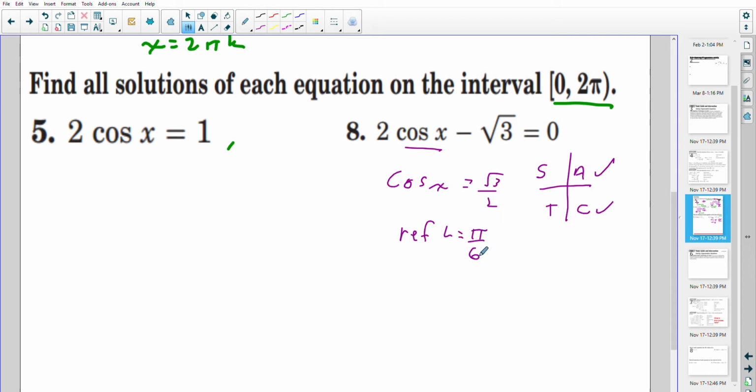I looked on the table. And now what I can do is determine what those angles are in the first and the fourth quadrant. So my x equals pi over 6, but it's also going to equal 11 pi over 6 as it goes all the way around. So that would be your answer between 0, including 0, and not including 2 pi.